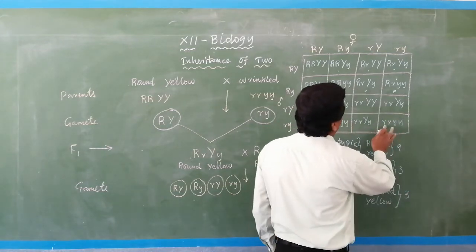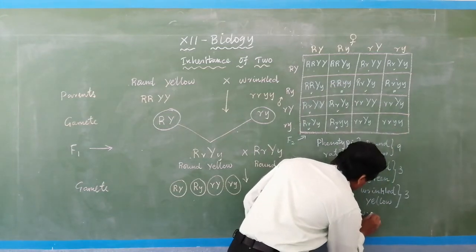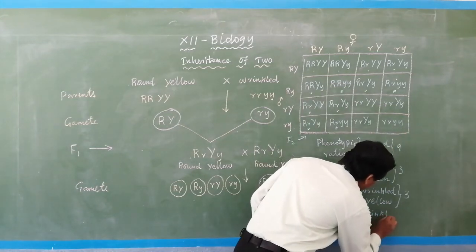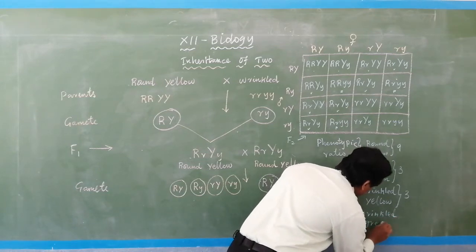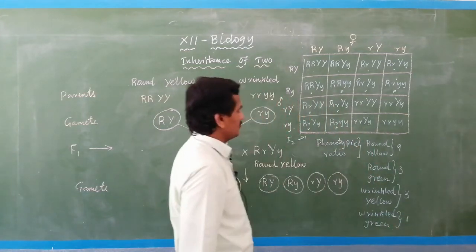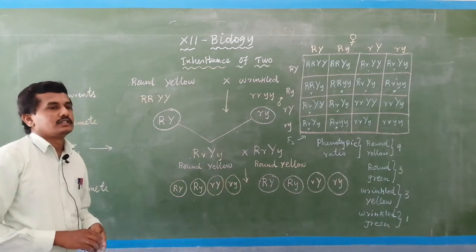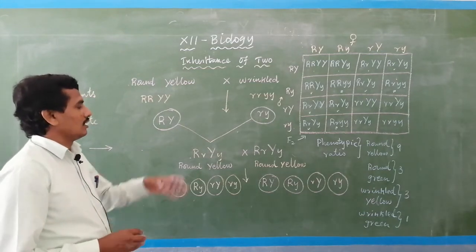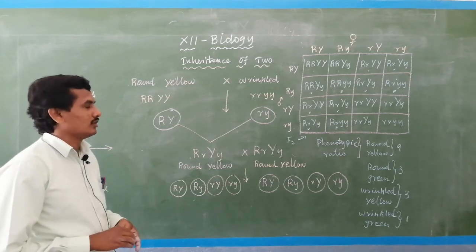Then the last one, wrinkled green. Actually 1. So the phenotypic ratio of the F2 generation is 9:3:3:1. That is Mendel's dihybrid cross, with the inheritance of two genes.